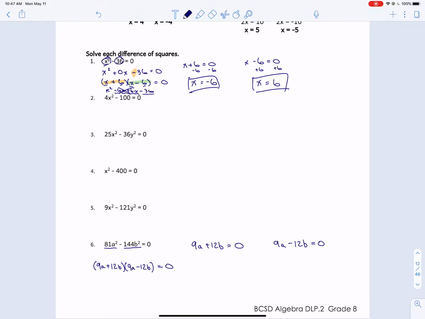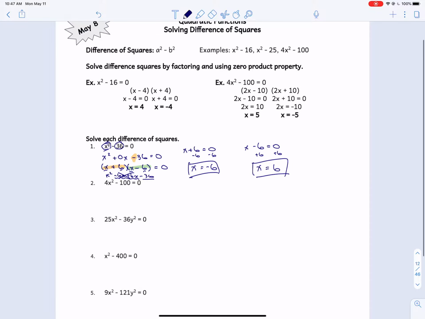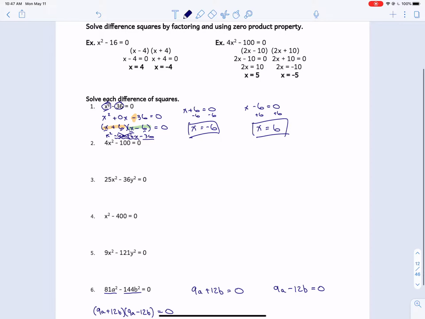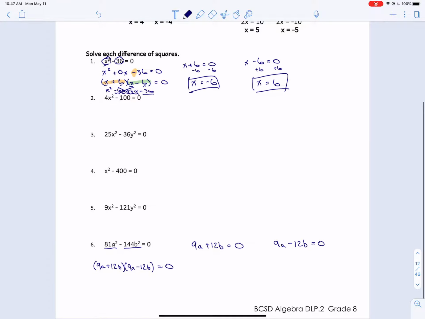So I pause for just a moment because it does say to solve, and that's why they set these up to be equal to 0. So going through, I can see, okay, number 1 is fine, number 2 is fine, number 4 is fine, but 3, 5, and 6, we have a small problem. There's 2 variables, okay?